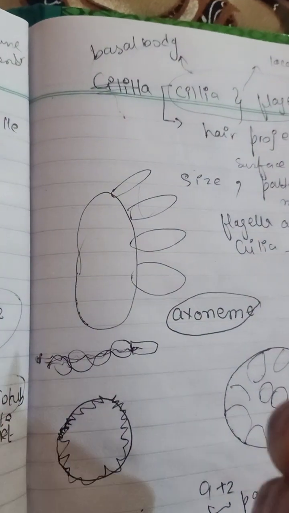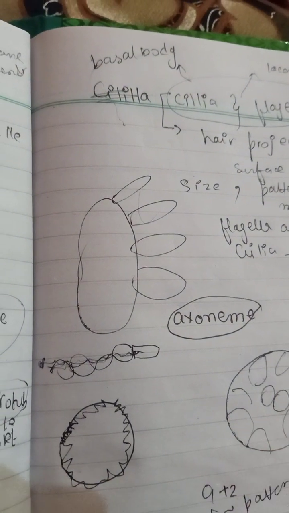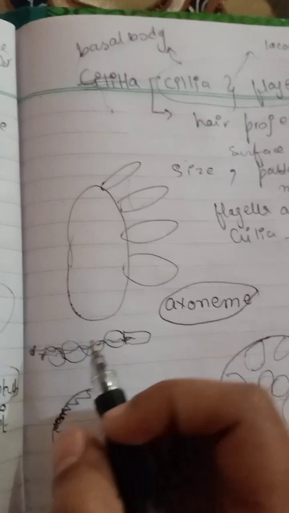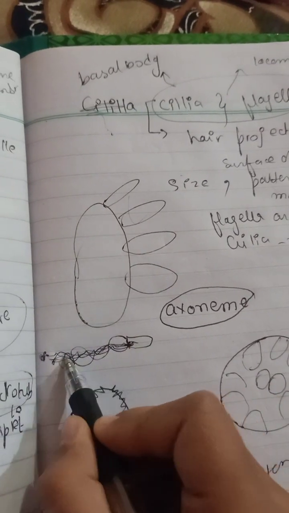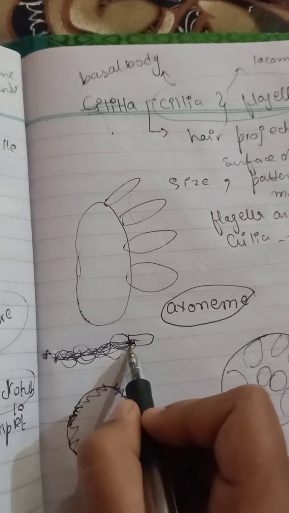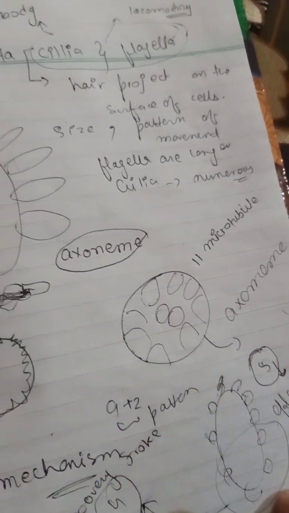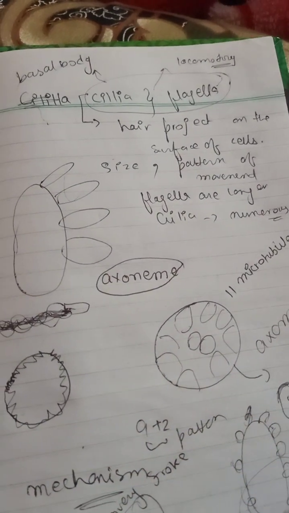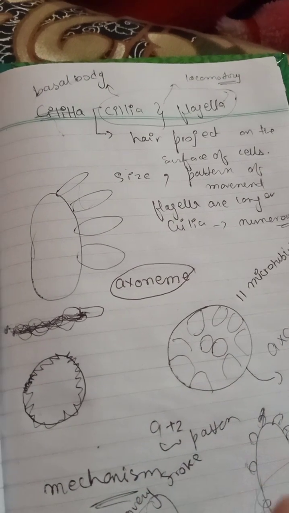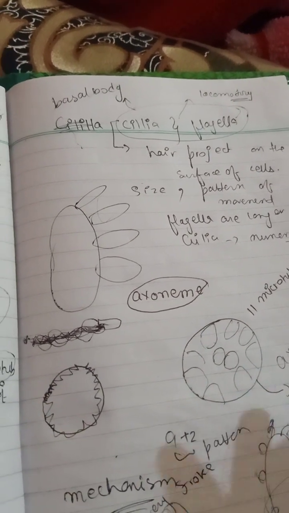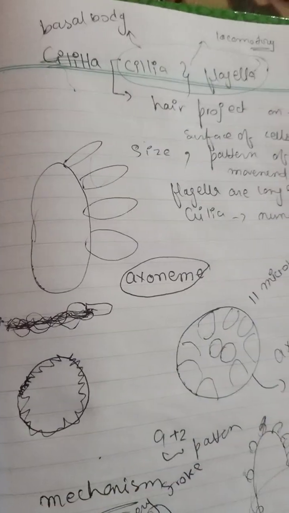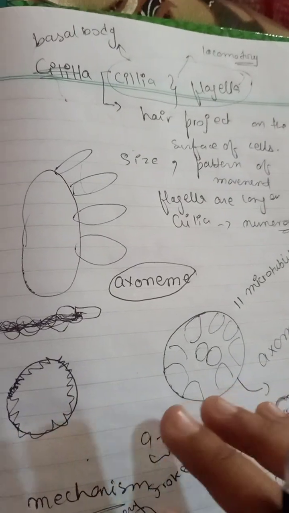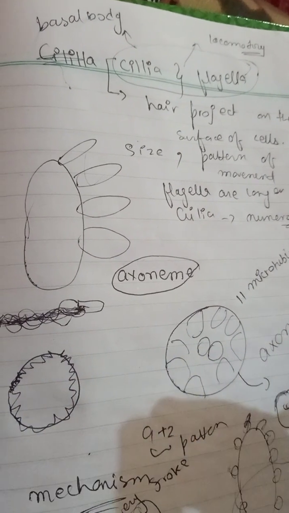In the reproductive tract, the sperm moves within the fluid medium, and we call their movement flagellar movement. And this was the ciliary movement. That's the difference between cilia and flagella, and both are locomotory motion.